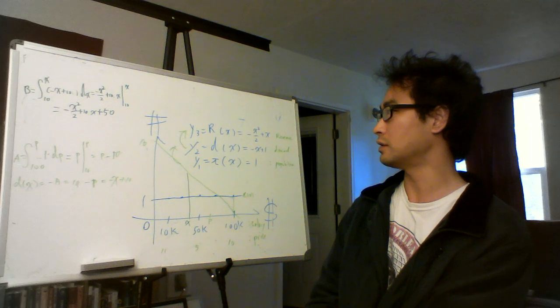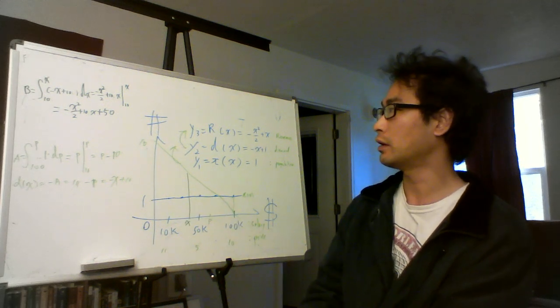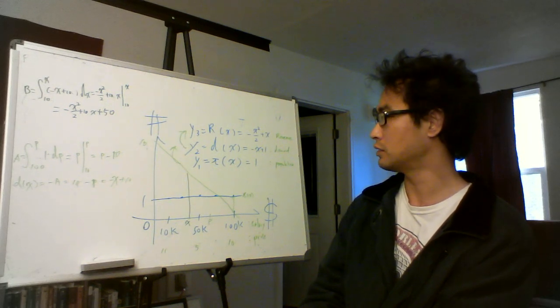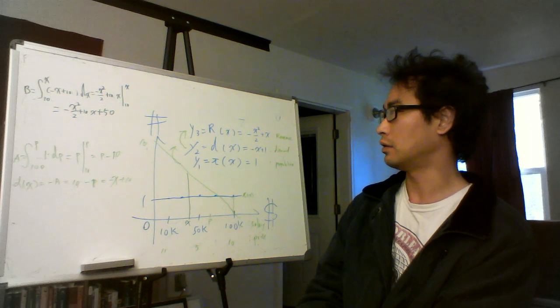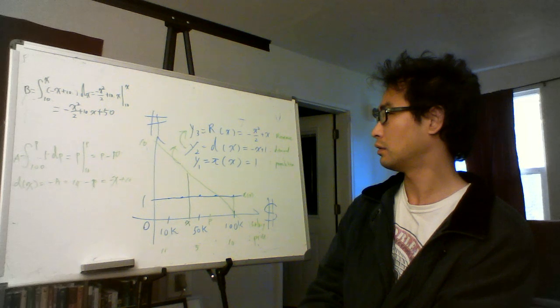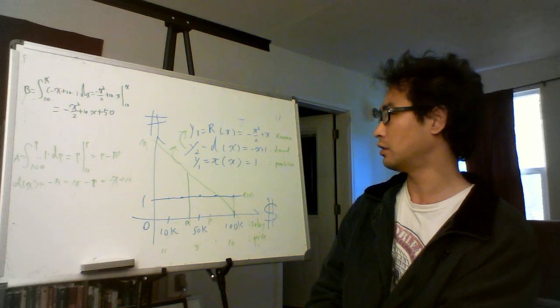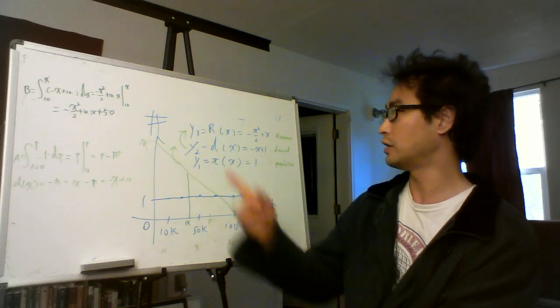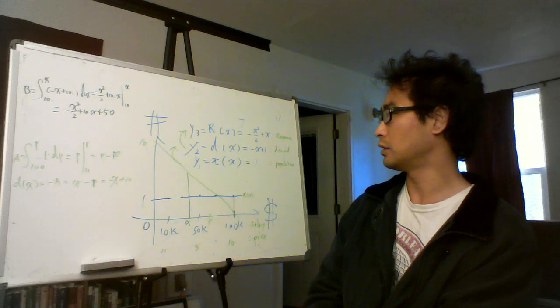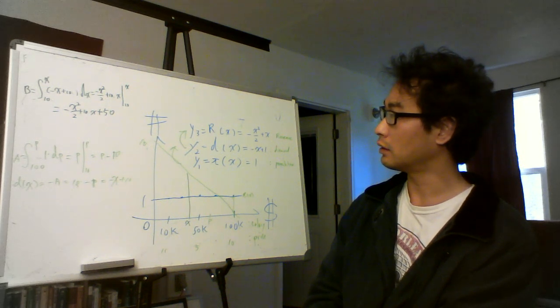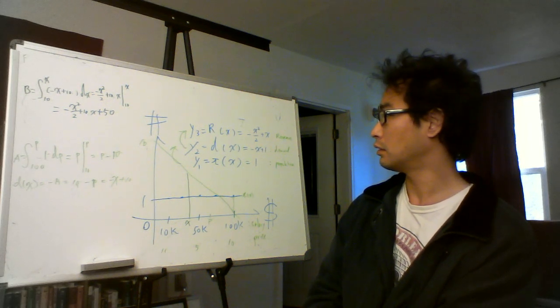Let's say when x is 2, okay? Actually, this one number is non-negative. How come it's non-negative? Whatever. Conceptually, what is this when x is equal to 10? Minus 50. 100.